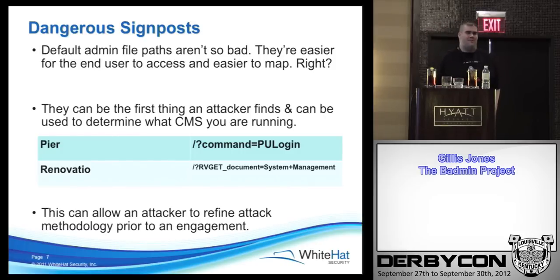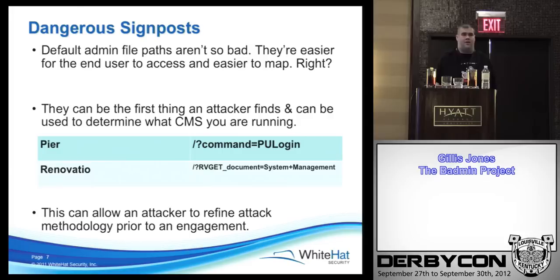So what can you get from an admin page? Typically, if the defaults aren't enabled, you wouldn't think it would be that bad. But just by the admin file path resource on the end of the URL, you can tell in a lot of cases what they're using. For example, PEAR uses a command parameter on the end of the URL.